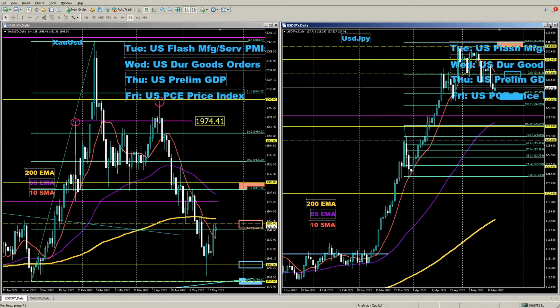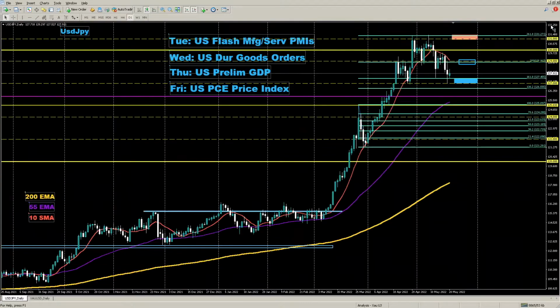Okay, let's move back to the other major pairs. Let's take a look at the US dollar against the Japanese yen, where it has followed through with a bit more weakness from the end of the previous week, after dipping below to retest the 162 FIB. It did dip lower on Thursday to retest the round figure at 127.00.